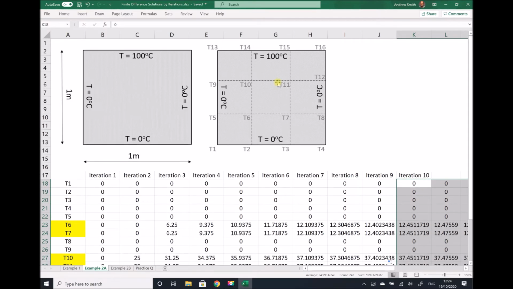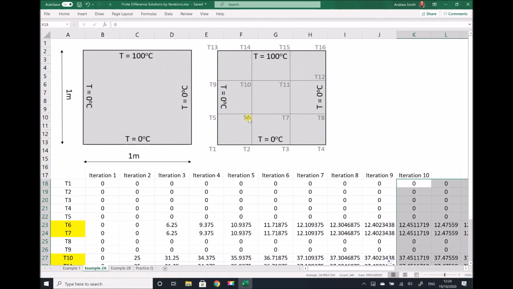So if we refer to our diagram, we know we've got a temperature T6 of 12.5, a temperature T7 of 12.5, a temperature T10 of 37.5, and a temperature T11 of 37.5, using the finite difference approximation of the Laplace equation.